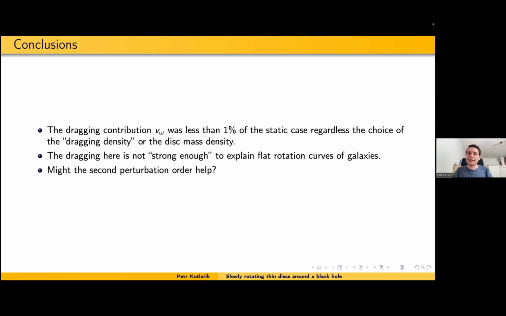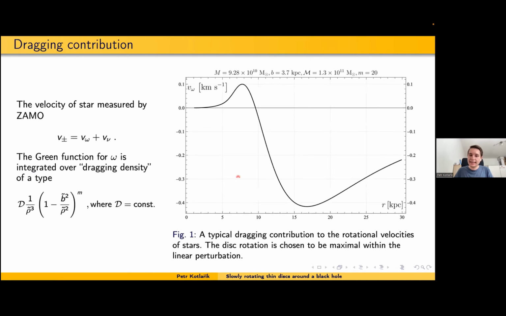So this is probably not the right route. And just a note here: in all the numerical results, the rotation of the disk was chosen to be maximal within the linear perturbation, so that we do not exceed the linear perturbation.